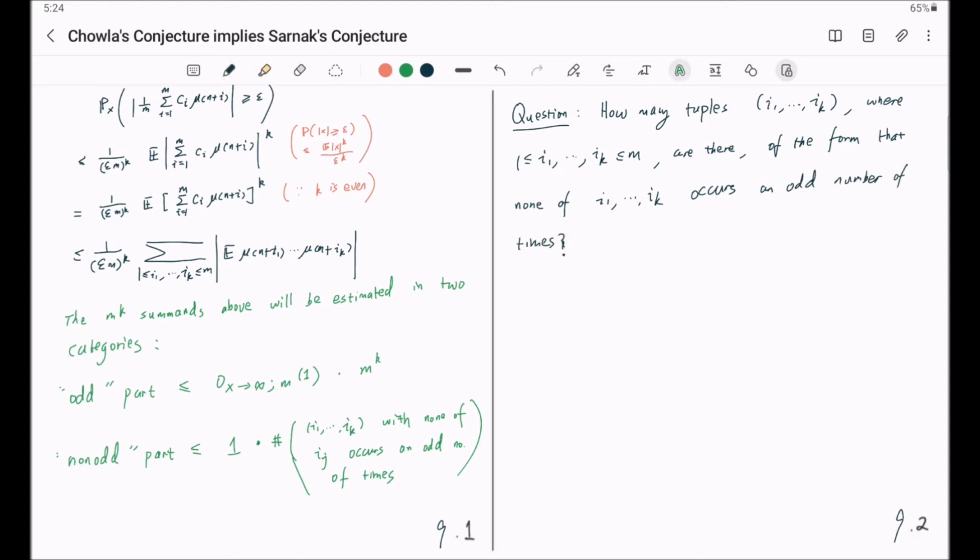The precise number may be hard to find, but we are happy with a good upper bound. And now we'll start with our counting.